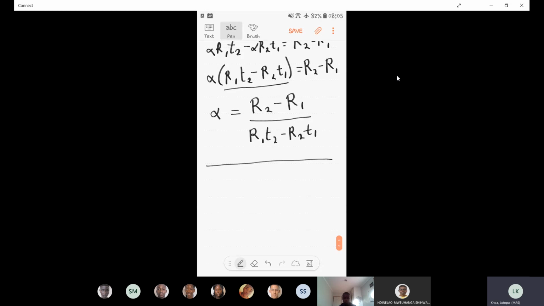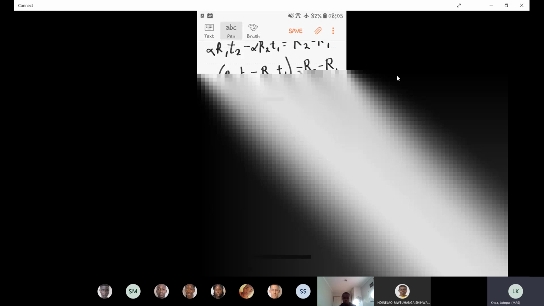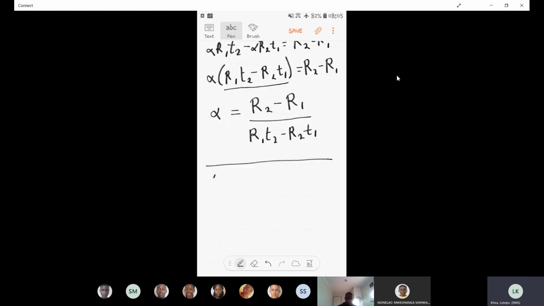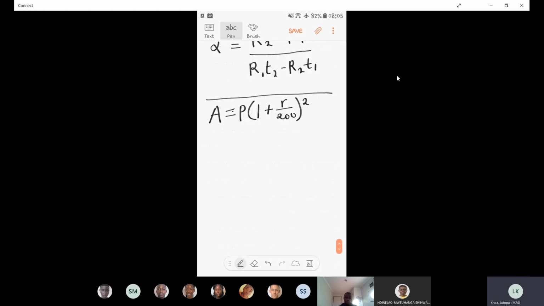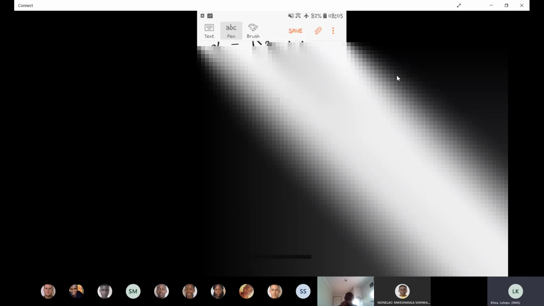This was number 5. Number 7, we have A is equal to P times 1 plus R over 200, to the power of 2. So this one looks like the equation for compound interest, except R is divided by 200 here.